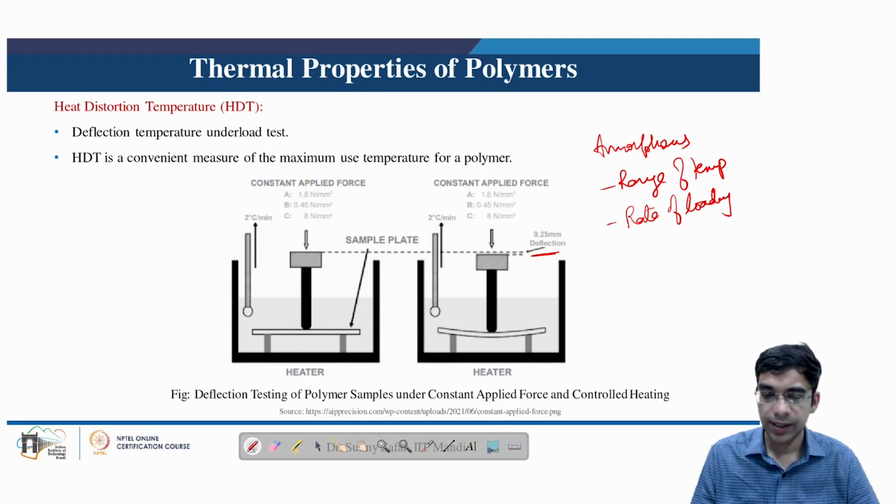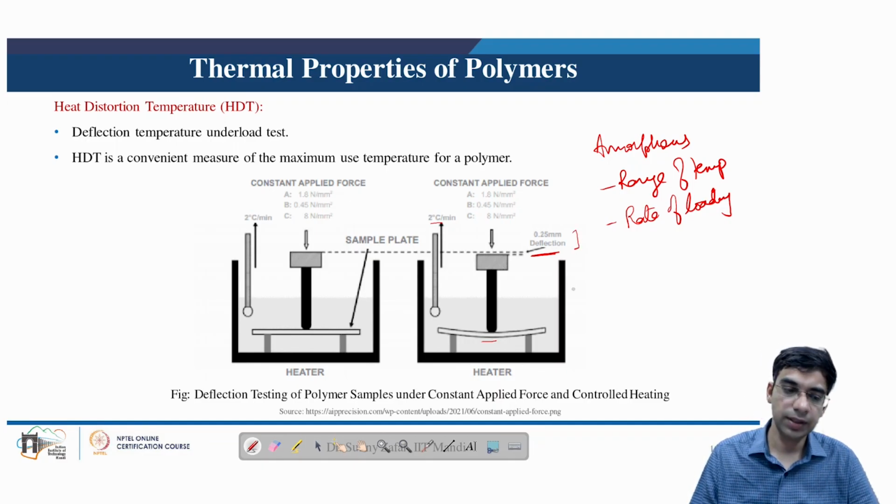And as the load is constantly applied but the temperature is increasing at the rate of 2 degrees per minute, at a particular temperature value at a given fixed load, we will observe the polymer sample has deflected, and we can estimate the amount of deflection.